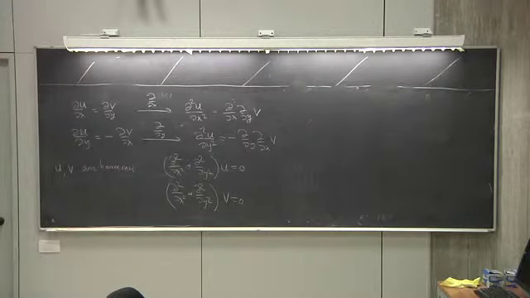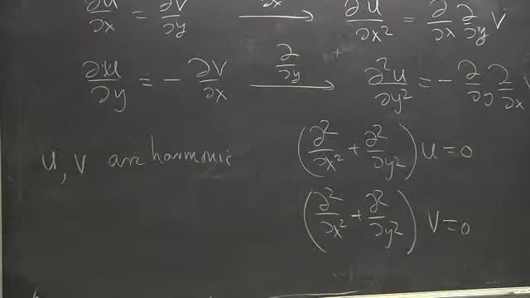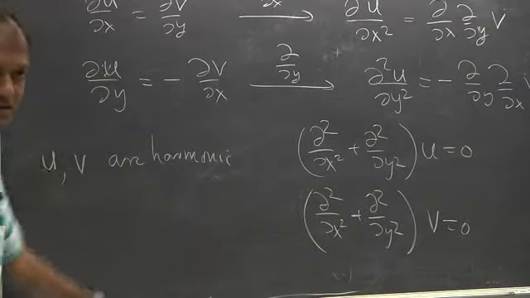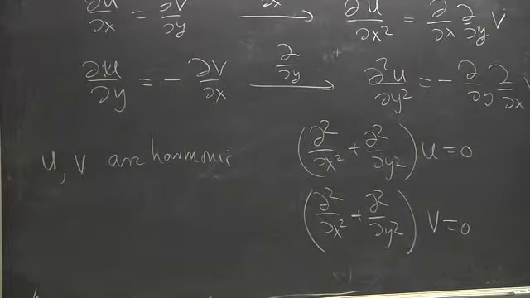Harmonic functions in 2 dimensions, of course. The harmonic function notion is in general for any dimension. If the Laplacian acting on that function is 0, you call it a harmonic function. But in particular in 2 dimensions, because after all the complex plane is 2 dimensional, u and v are harmonic. So analytic functions are very restrictive.